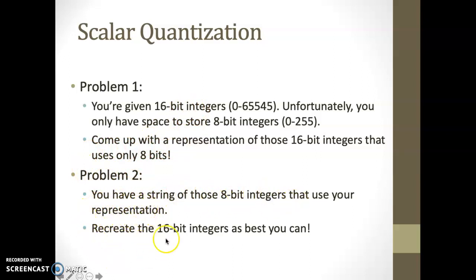You have to recreate the 16-bit integers as best as you can. You will not lose any information, none of the numbers will be missing, but you have to be in 8-bit integers.